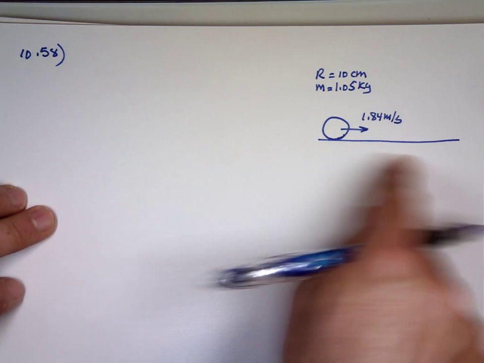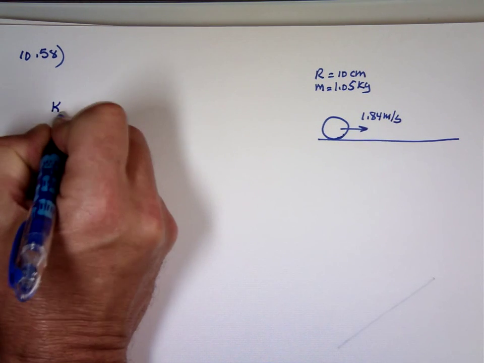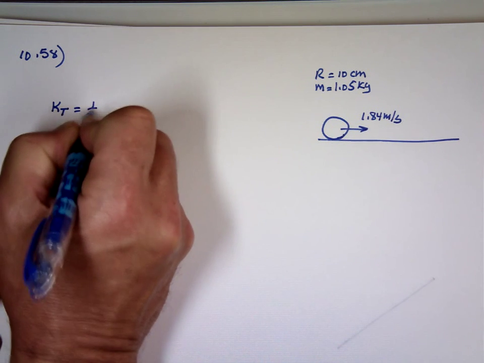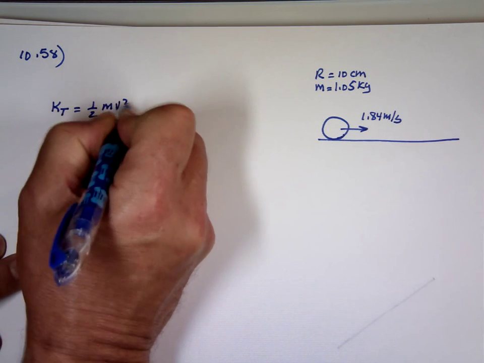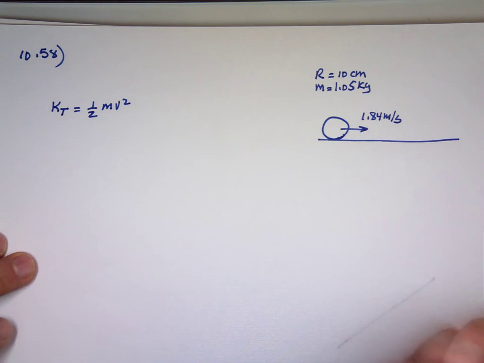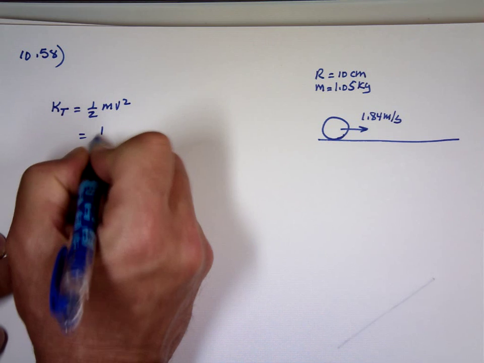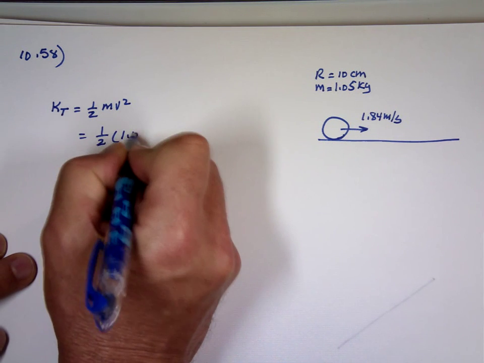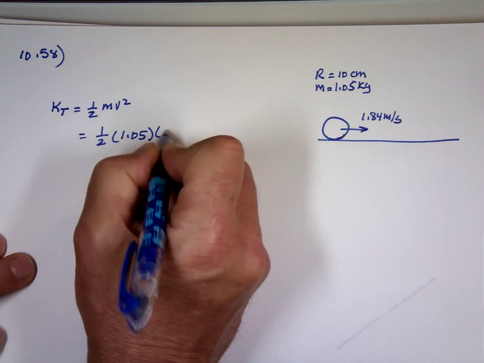How much is translational? KT, translational, 1/2 mv squared, straightforward. We know the mass, we know V, nothing fancy. 1/2 times 1.05 times 1.84 squared.